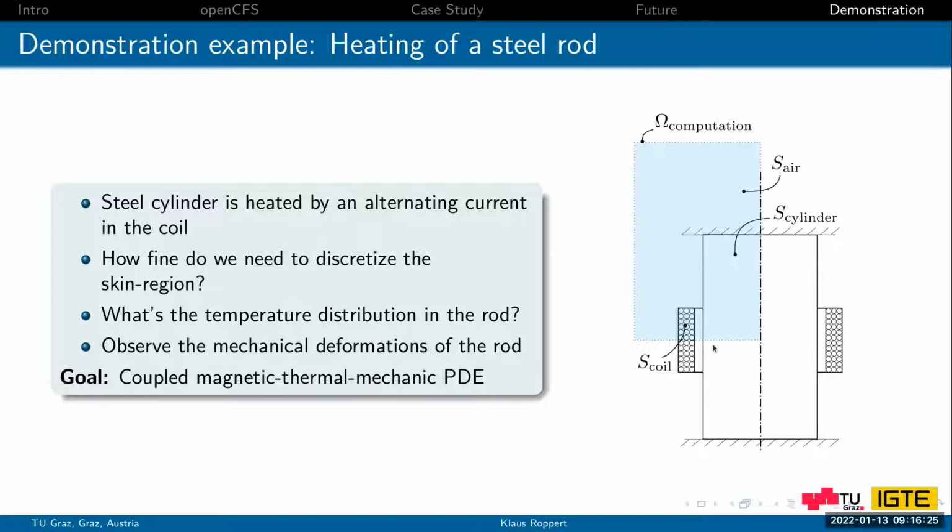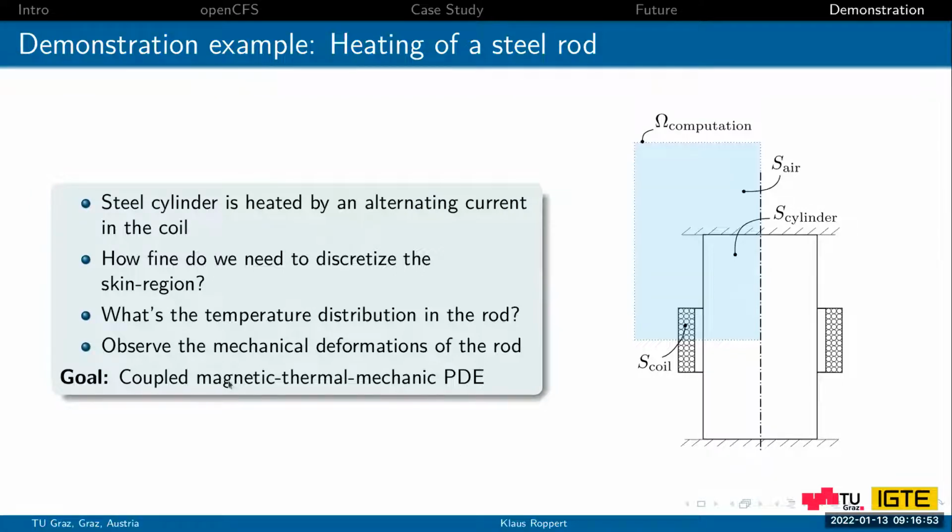And alternating currents induce eddy currents here in this conducting region. The eddy current effect, also called skin effect, is a boundary effect. So the higher the frequency gets, the narrower this effect gets. So what we want to do is to introduce a mesh refinement towards the surface here.